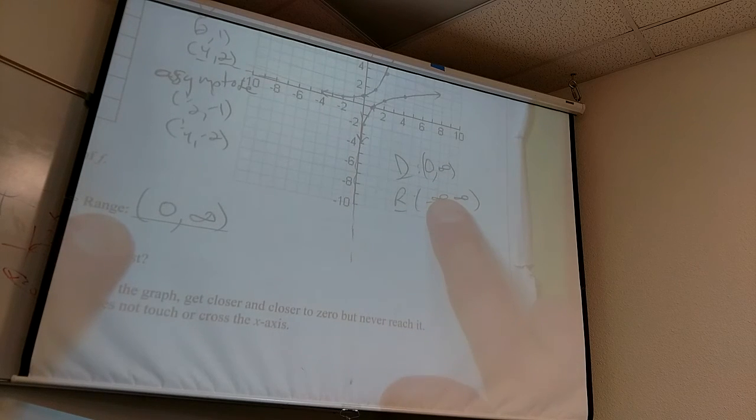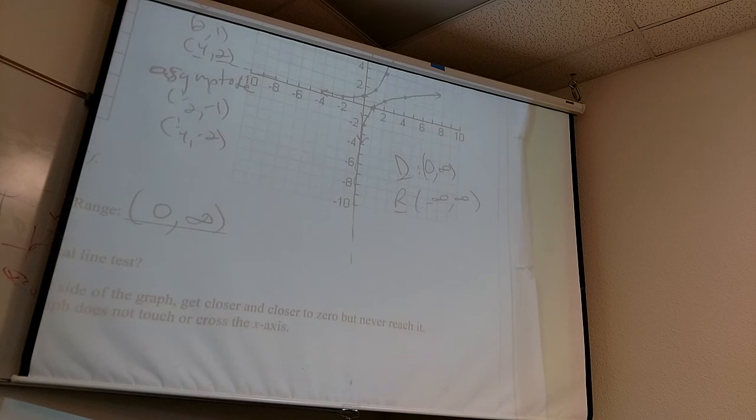Does that make sense? Everything, x and y, flips for the inverse. If you know the domain and range of the function, then you know the domain and range of the inverse. You just switch them, because all the x's and y's switch. You've got to love that everything related to inverse just goes back to switching x and y.